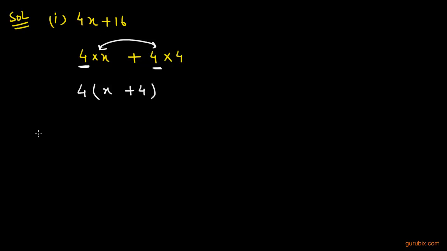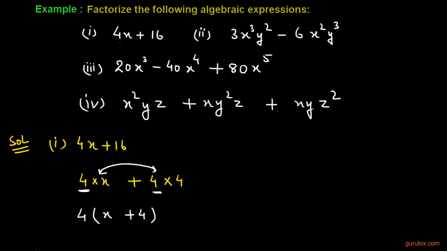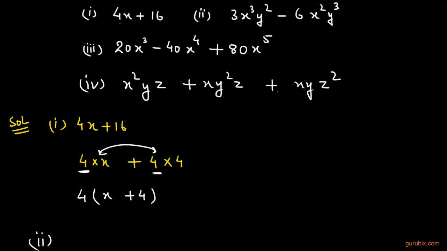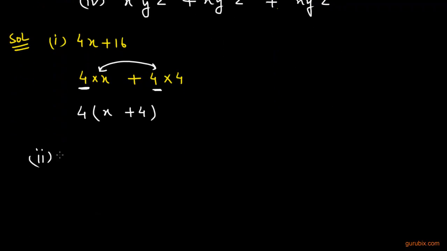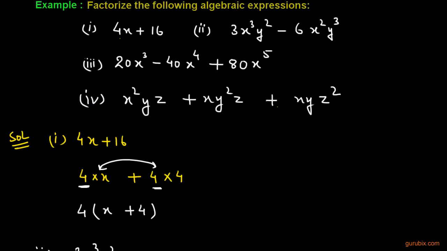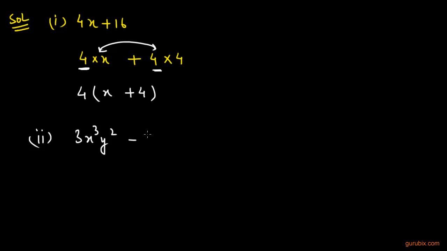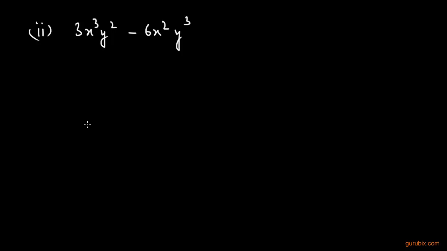Now we shall move to the second part of the example, and the second part of the example is 3x cube y square minus 6x square y cube. What do you observe in this algebraic expression?